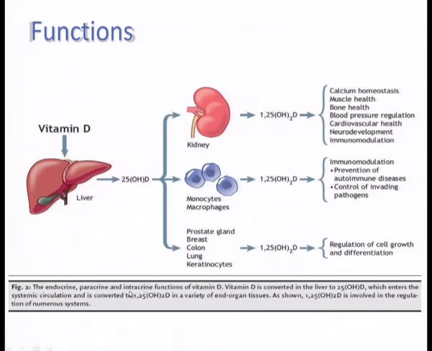And intracrine: within a cell there are many second messenger systems, and these second messenger systems essentially need vitamin D as a component. So endocrine would be at the global level, paracrine would be at the tissue level, and intracrine would be at the cellular level. So at all three levels, vitamin D plays an extremely essential role.